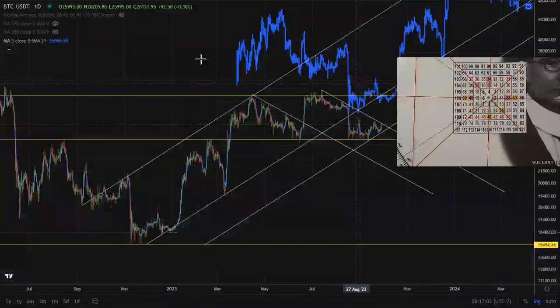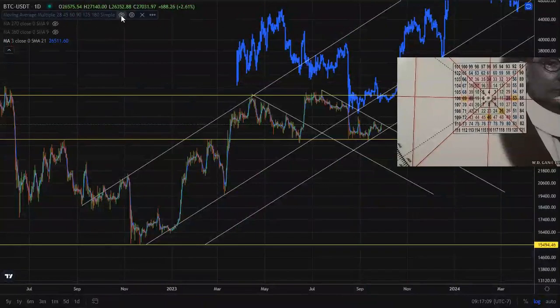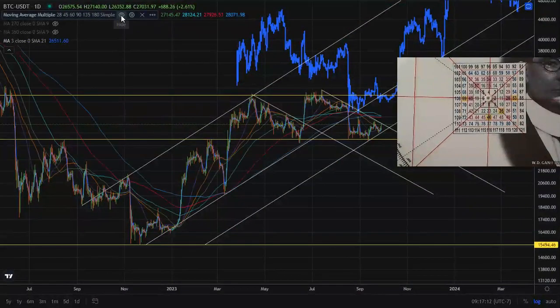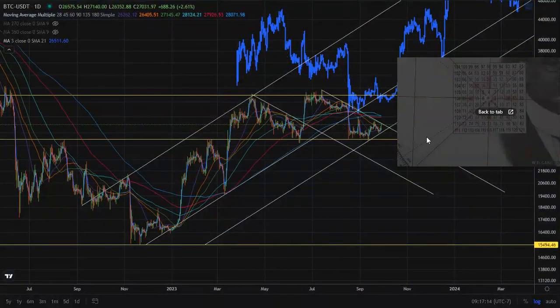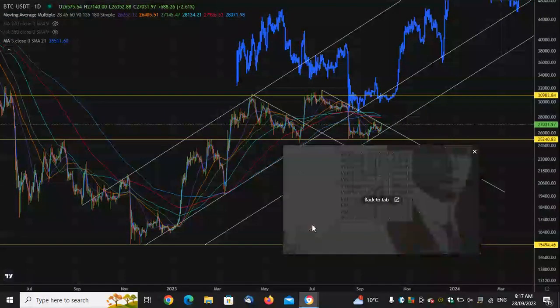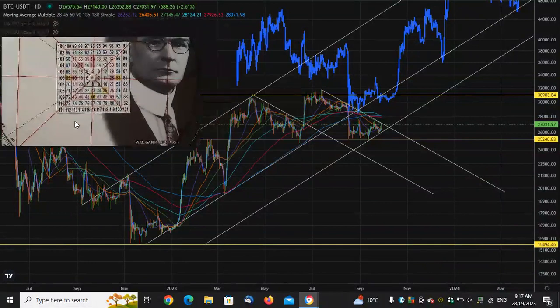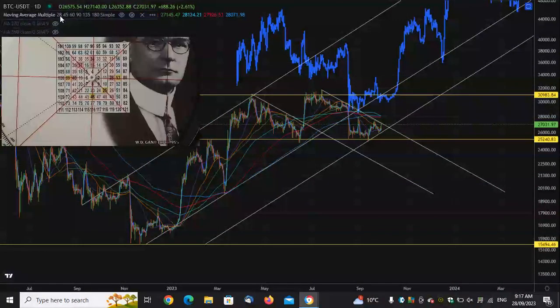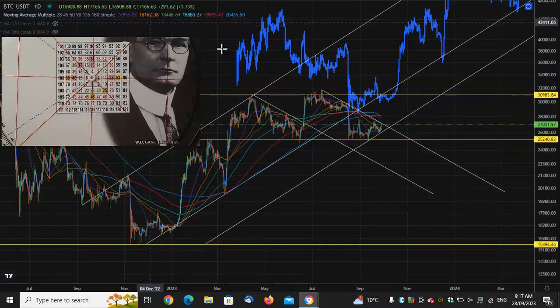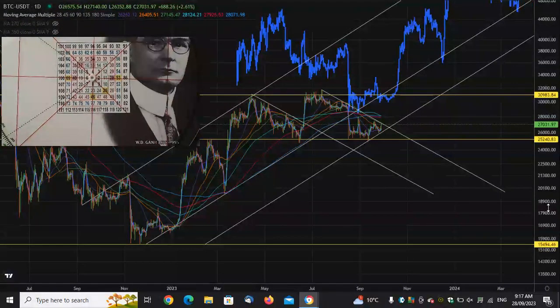Let's now go take a look at our moving averages, because I spoke to you about these before. And when we have the 28-day purple line, which represents our moon, when it crosses the 45 orange line, we always have a rally.